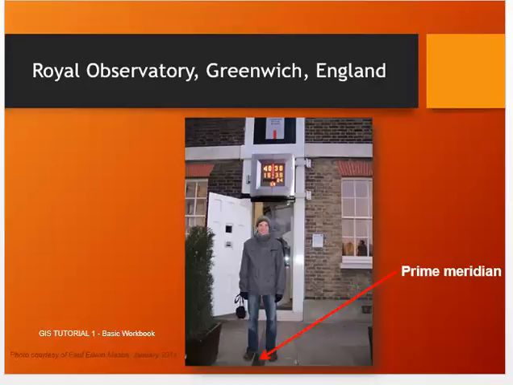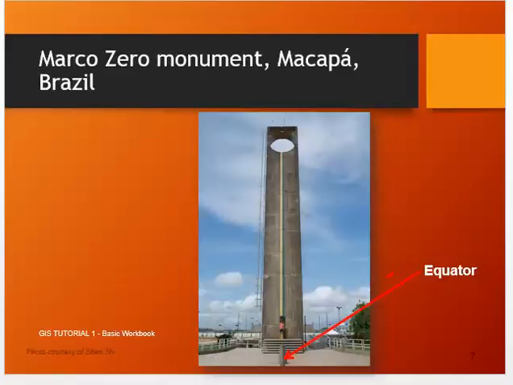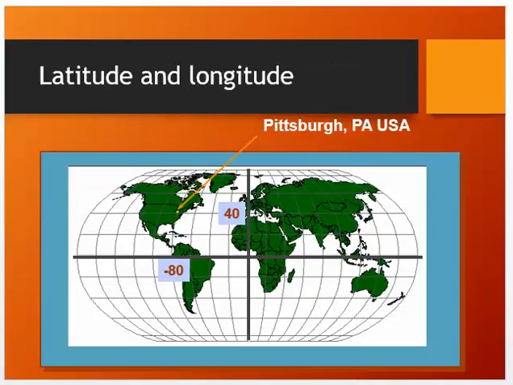I do have a photo of me straddling the prime meridian at the Royal Observatory in Greenwich. Here is a monument in Brazil that marks the equator. So if you're ever in Brazil, go and find that.